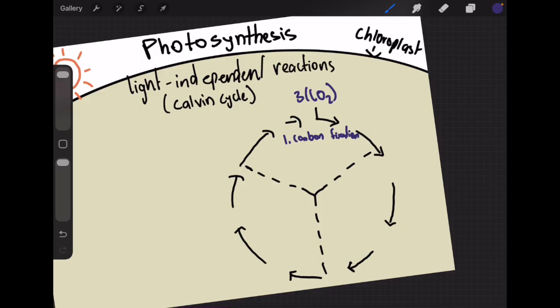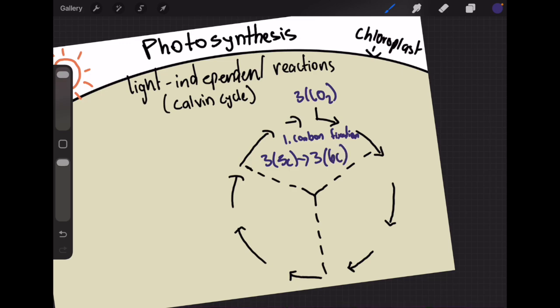And this is a 5 carbon molecule. So we're going to take that CO2 and that 5C, which is basically our ribulose biphosphate, and we're going to make it 3, 6C.